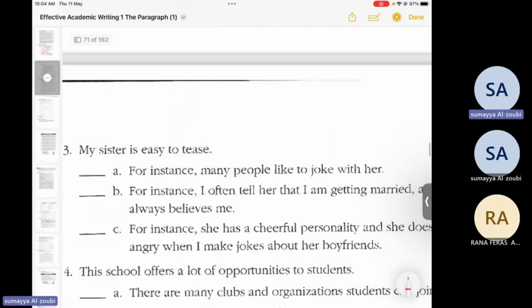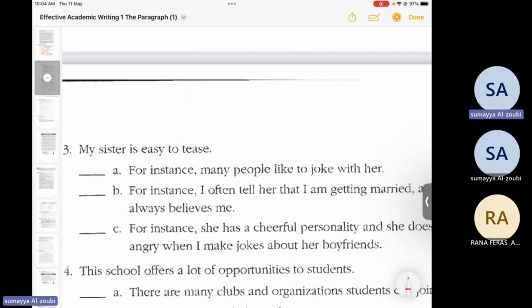By the way, for your next quiz, the online quiz, you are going to have something like this. I have added this exercise to the questions because I couldn't find enough questions just only from the use of adjectives. So you have two things: the use of adjectives, the use of specific language, and how to make your examples more specific.